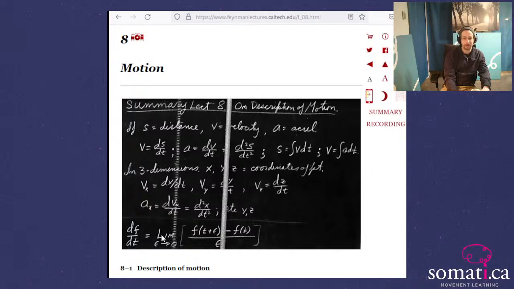So, lecture 8, motion itself. You can see on the blackboard the basic calculus definitions.